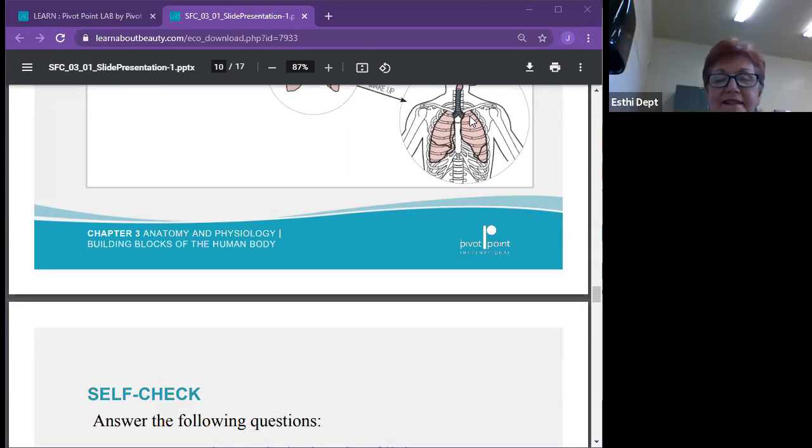All right, muscular, we're going to put moves the body. We're on page 62 in that handout, okay? All right, circulatory circulates blood. The nervous system sends and receives messages.